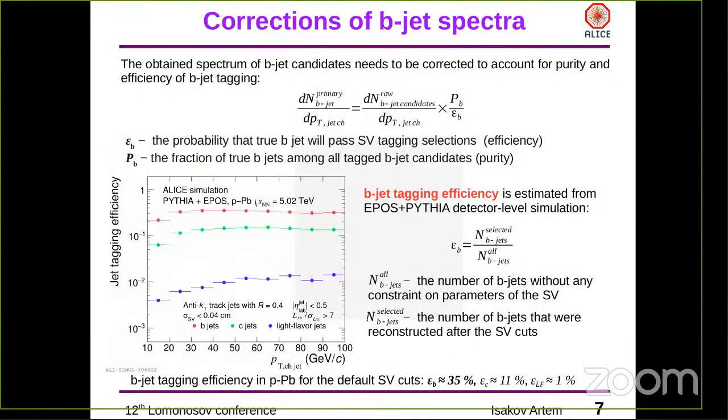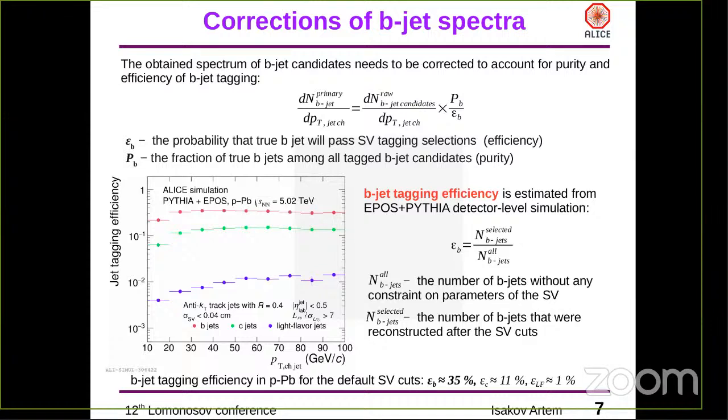Okay, so the spectrum obtained with the secondary vertex still needs to be corrected to account for the purity and efficiency of b-jet tagging. The efficiency was estimated from PYTHIA detector-level simulation as the ratio of the number of b-jets that were reconstructed after SV cuts over the number of b-jets without any constraint on the parameters of the SV. One can see an example of b-jet tagging efficiency on the left panel of the slide for our default SV cut.